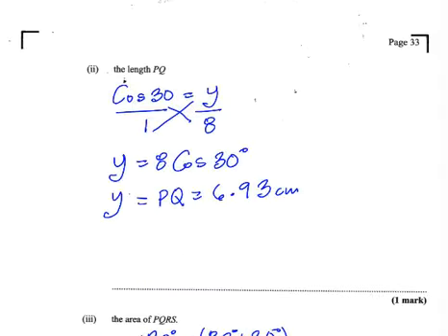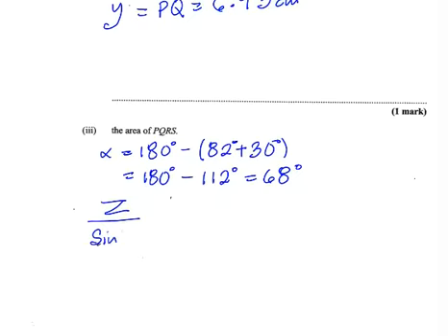So I can say Z over the sine of 82 degrees is equal to 8 over the sine of 68 degrees.